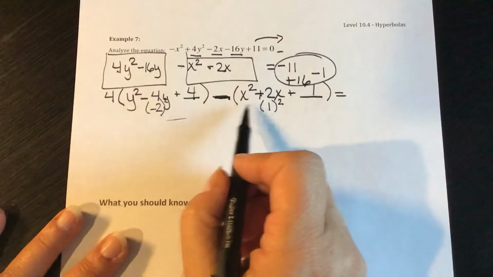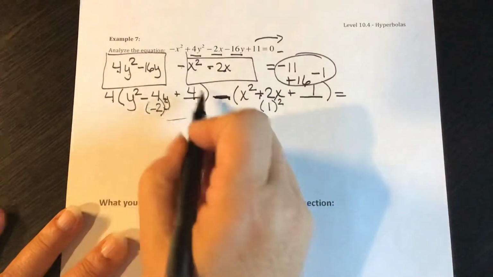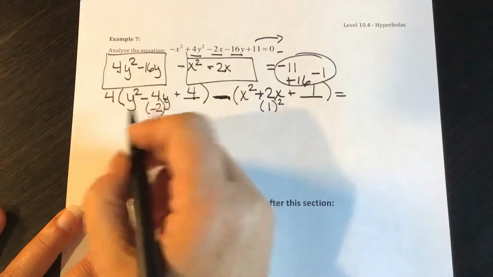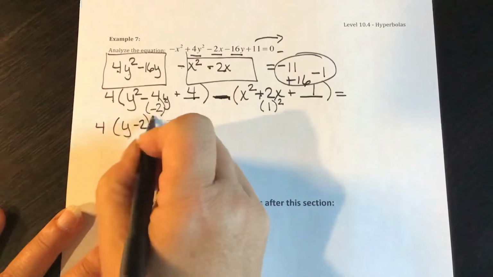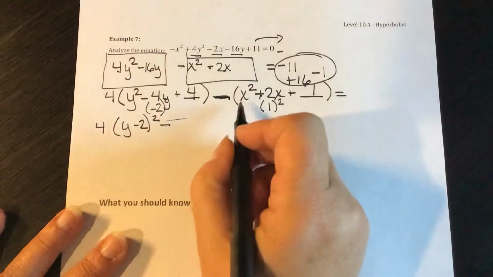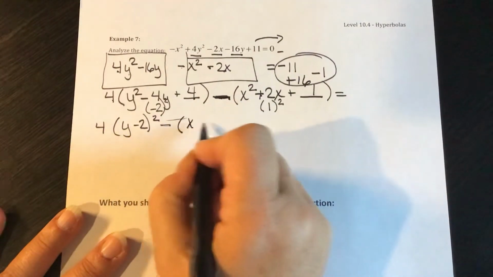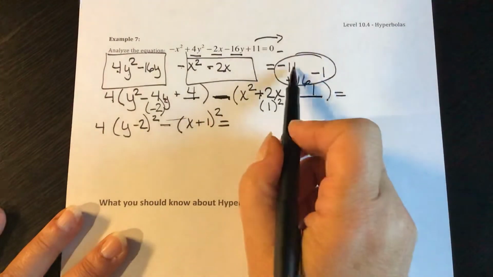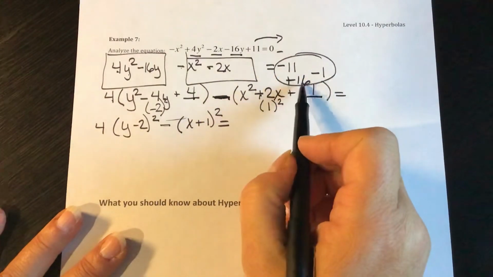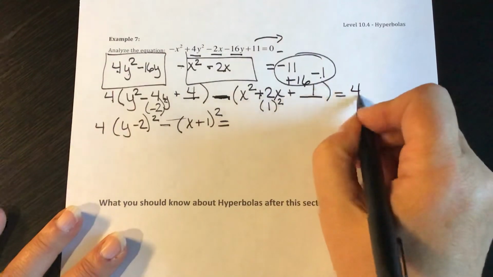So if I factor my perfect square trinomials, I'm going to have 4 and then a y minus 2 squared, and I have minus x plus 1 quantity squared, and this is going to equal 5 minus 1 is 4.